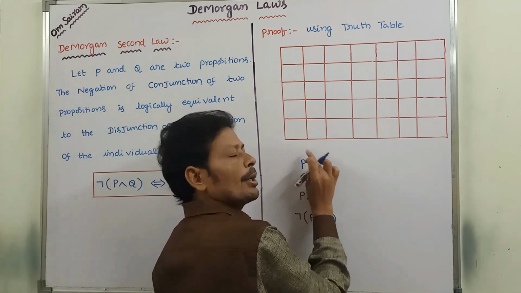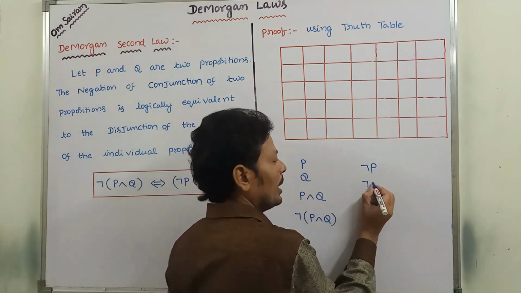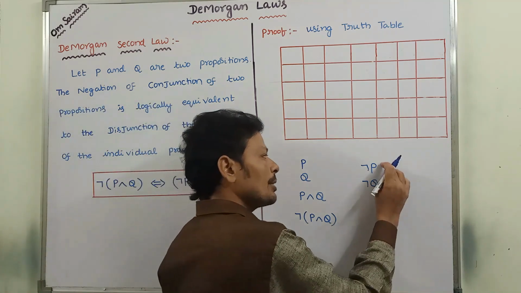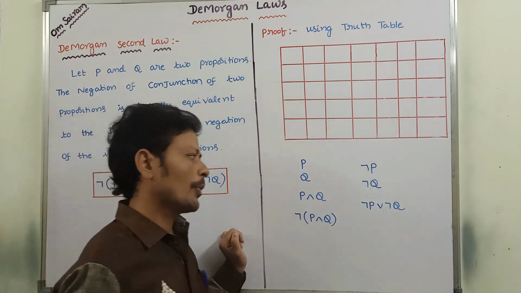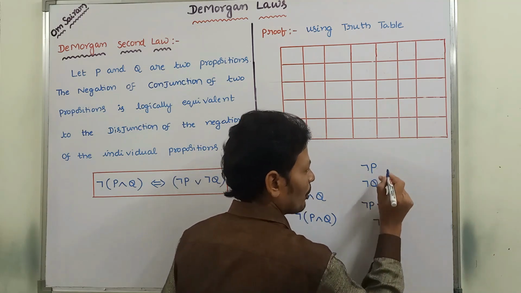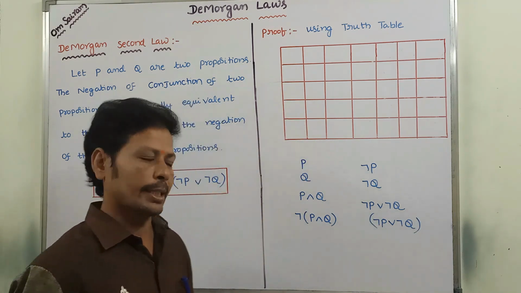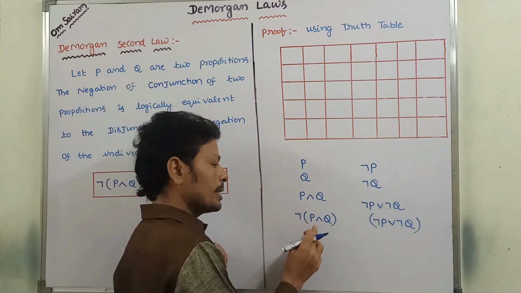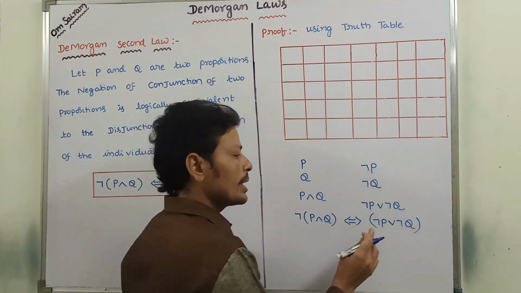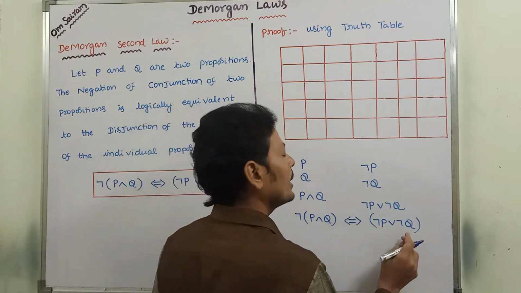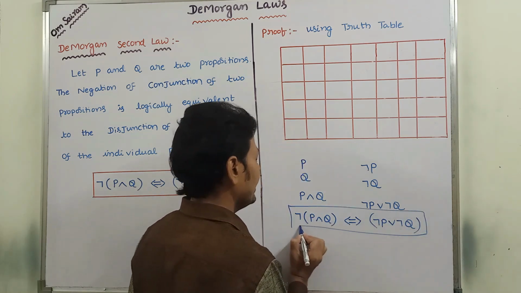Next, negation of proposition P can be denoted by negation P. Negation of proposition Q can be denoted by negation Q. The disjunction of these two propositions can be denoted by negation P or negation Q. Now, the negation of the conjunction of propositions P and Q is logically equivalent to the disjunction of the negation of proposition P and the negation of proposition Q. So this is called DeMorgan's second law.